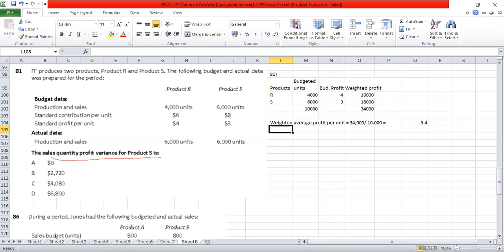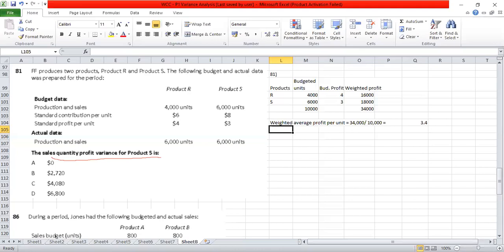How much will it be for product S? What will be the answer for product S? Nil. For S, it will be nil.